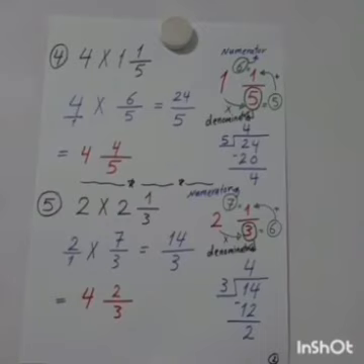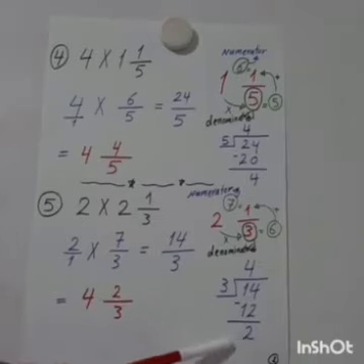So we will see what is closer to 14. What times 3 gives me something closer to 14 but smaller? It will be 4 times 3 equals 12. So 14 minus 12 equals 2.